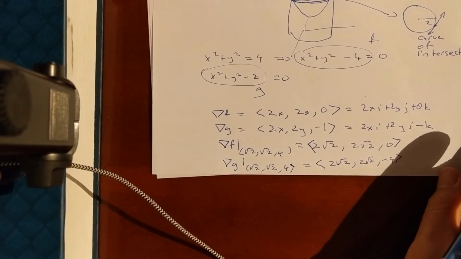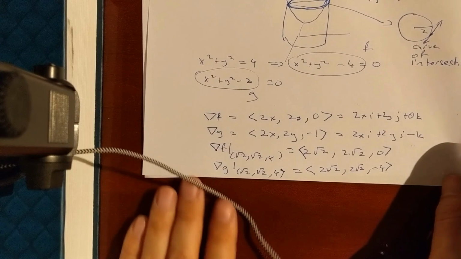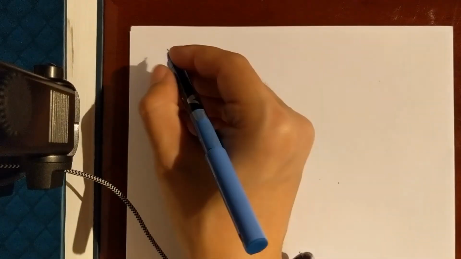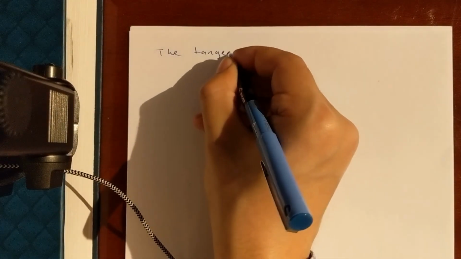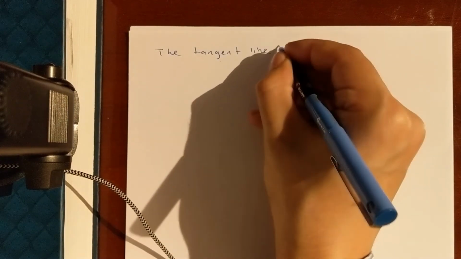So we've got to find the tangent line to the curve of intersection.